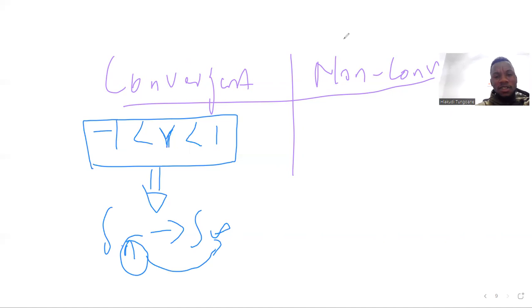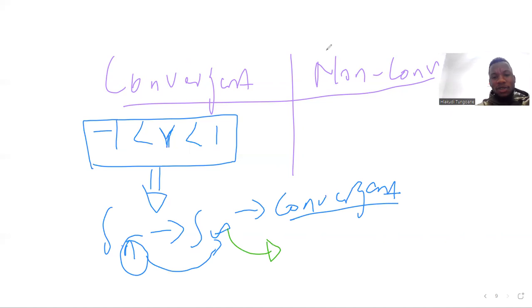So S infinity is a convergent number, right? How do you get this convergent number? Remember, this convergent number is a over 1 minus r. Okay, why is it a over 1 minus r?